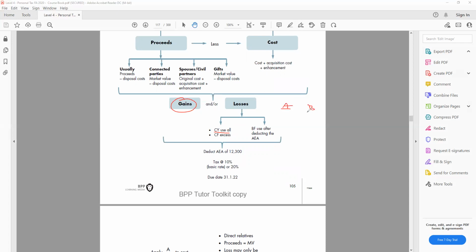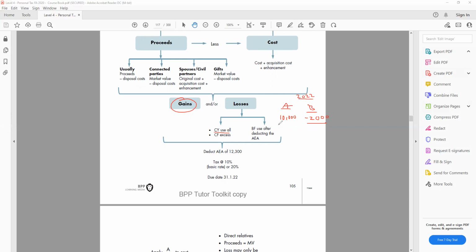From A, for example, we have a gain of 10,000, and from B we have a loss of 2,000. So you have a capital gain of 10,000 from one asset and a capital loss of 2,000 from another asset. Let's say both are from 2022.